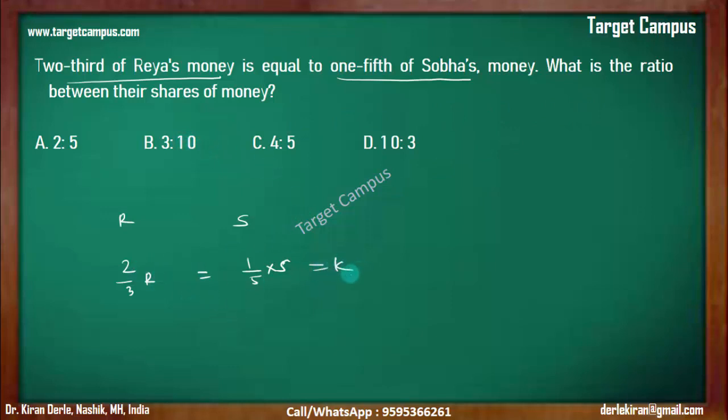Let's say this is equal to K, or we don't need to do this. There are only two things. So R upon S is nothing but 1 by 5, and this 2 by 3 will become 3 by 2 on this side. So R by S is nothing but 3 by 10, which is nothing but 3 is to 10, right? Pretty much simple, right?